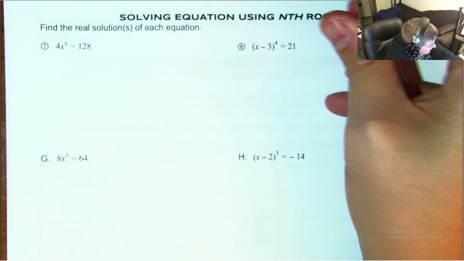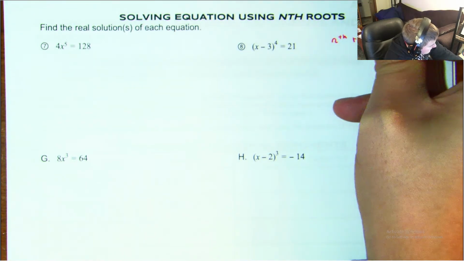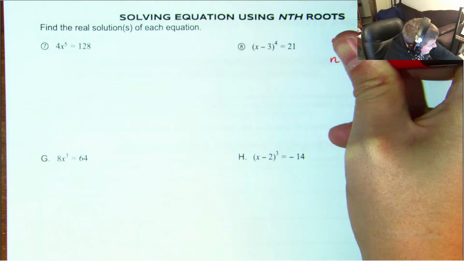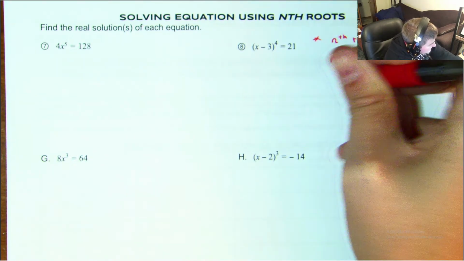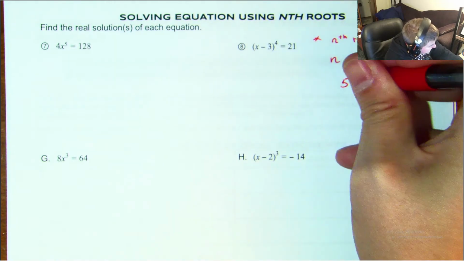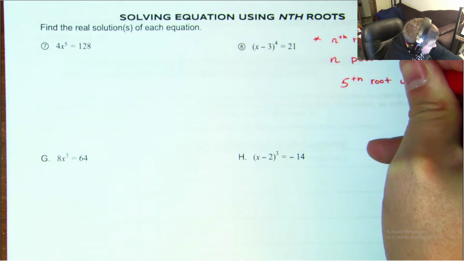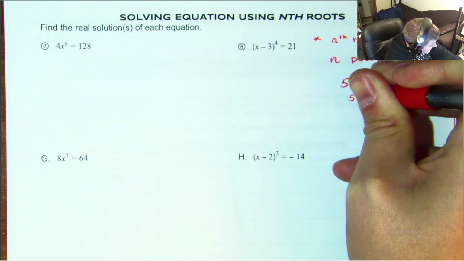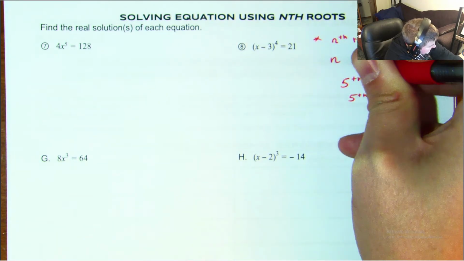So fifth root undoes fifth power. Okay, this is just like an example.